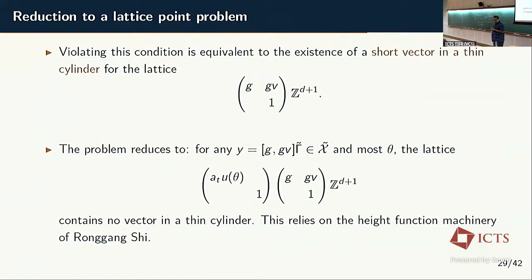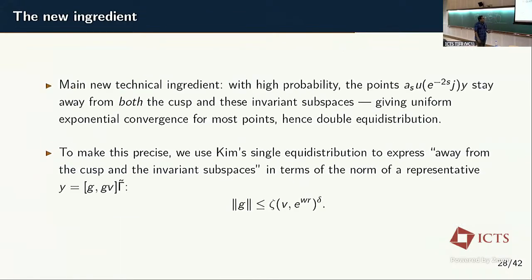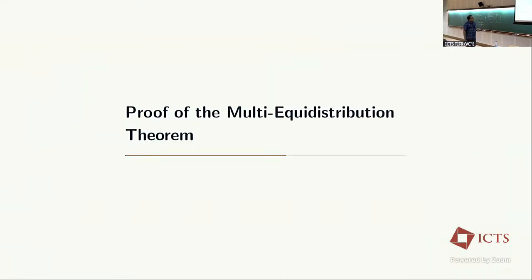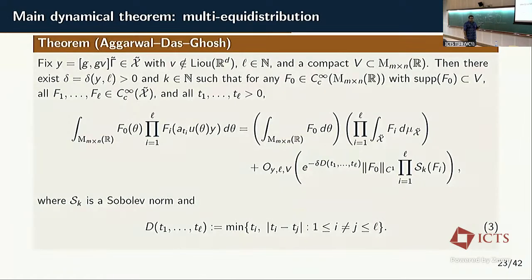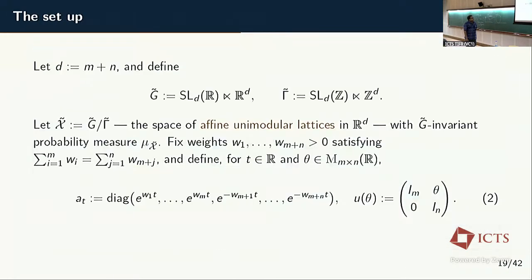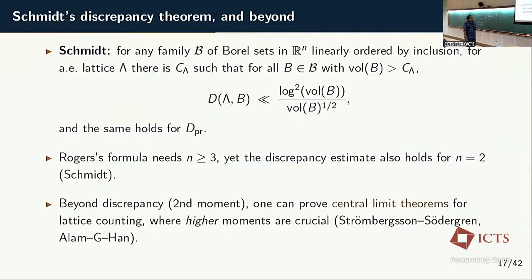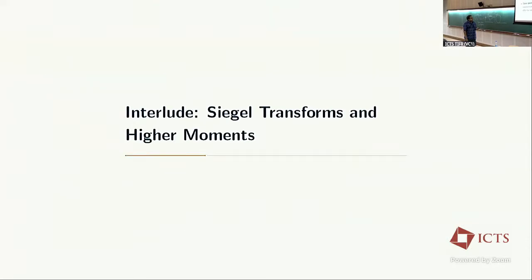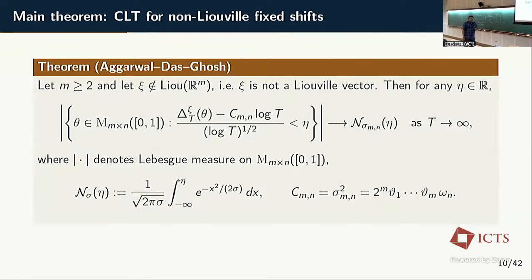Can you go back to the main theorem, the previous one? You made a comment about this Gauss circle problem. Suppose you're counting in the Gauss circle problem, the count minus the leading term divided by the square root of the leading term, less than eta. Yes, you get something.